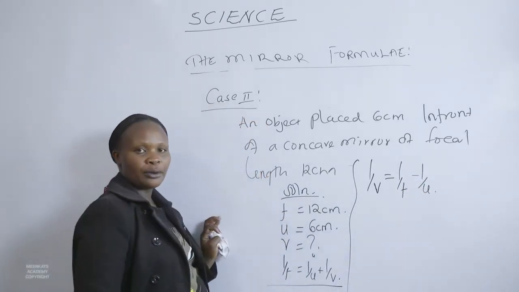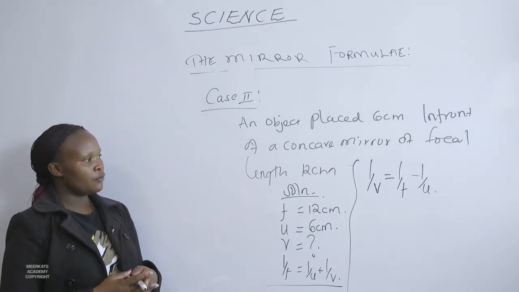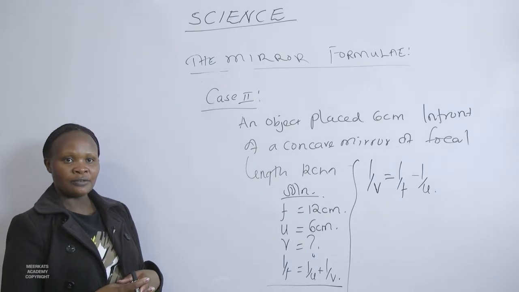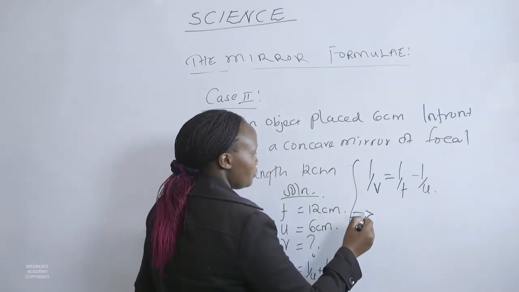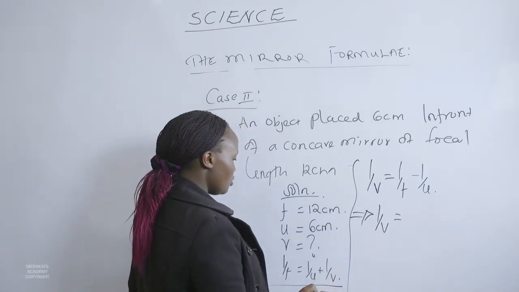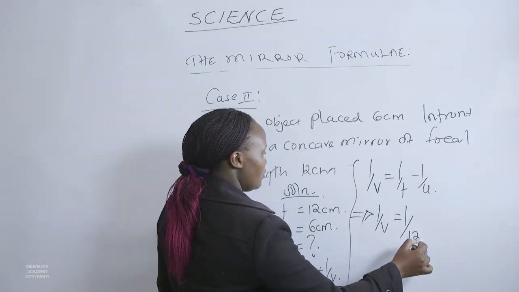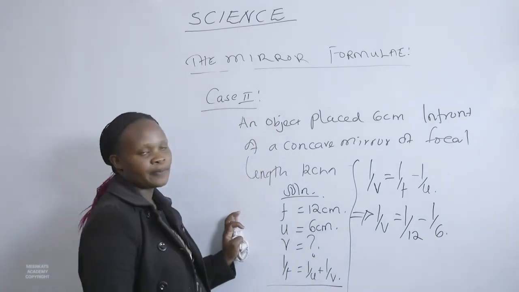And let us now try and substitute for F and U in our new found formula so that 1 over V is equal to 1 over 12 minus 1 over 6.